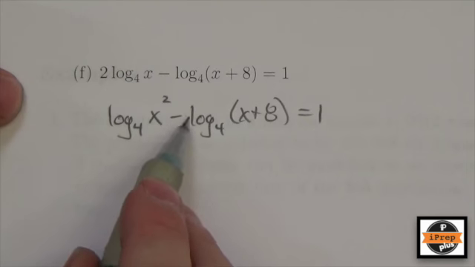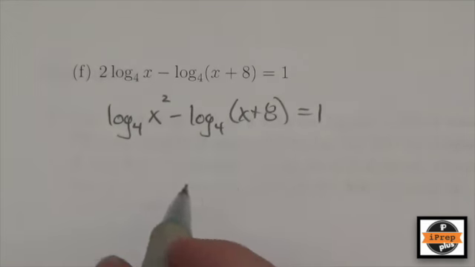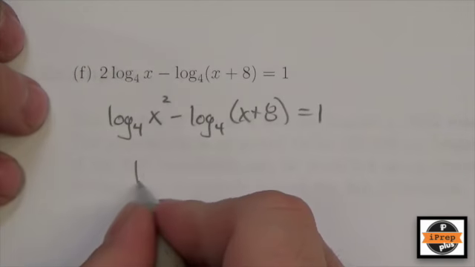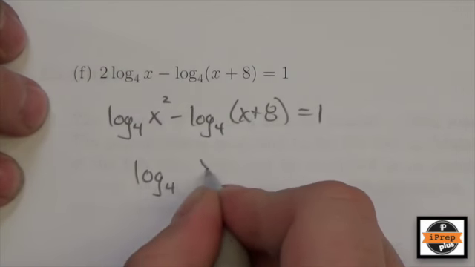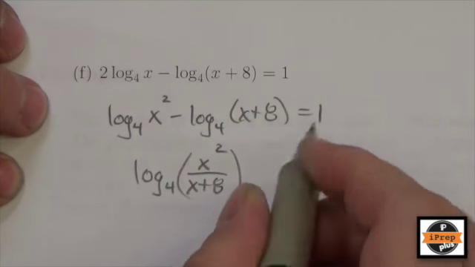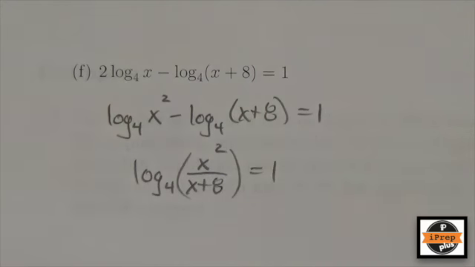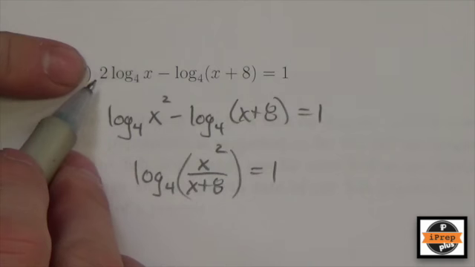Now I can apply the rule for the subtraction here. Because I'm subtracting, there's going to be division. So this will be the log base 4 of x squared divided by x plus 8 equals 1. It took me 2 steps to combine it into one logarithm, but this is what makes this question a little bit different than the previous ones.